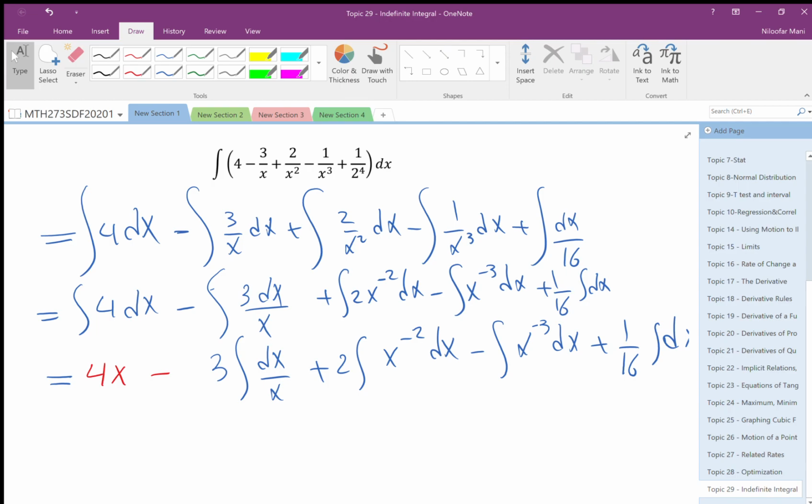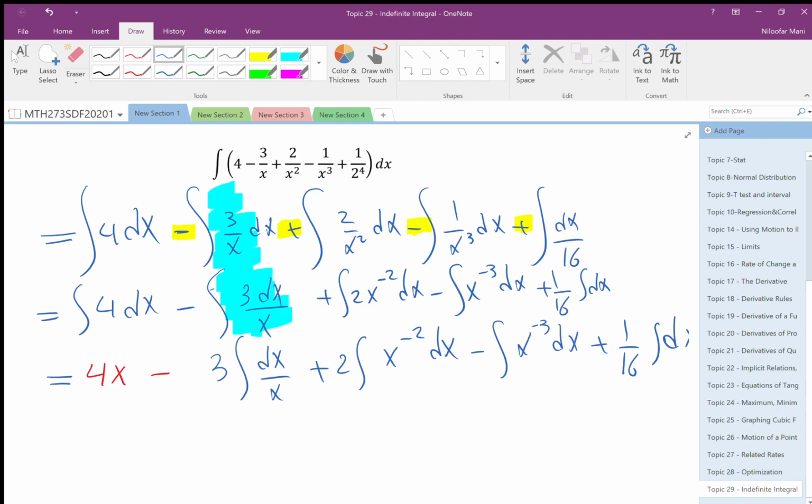So first I did integral of the first, minus integral of the second, plus integral of the third, minus integral of the third, plus. Then I can change the one divided by x to a negative power, but I don't do this for this one, because the formula doesn't work here. This one is ln x.